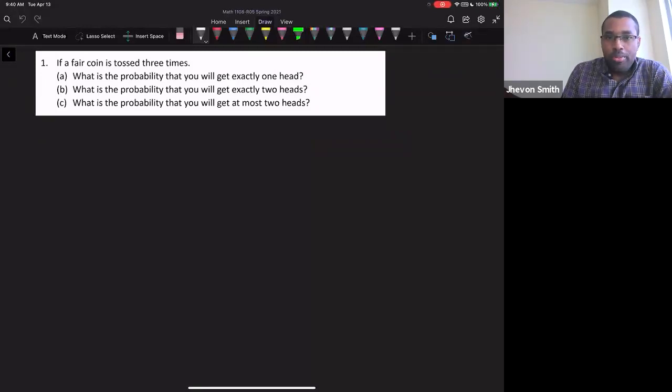Very familiar example, fair coin toss 3 times. We're sick of this example, I'm sure, but it's a very nice example to showcase a lot of the techniques that we want to be aware of.